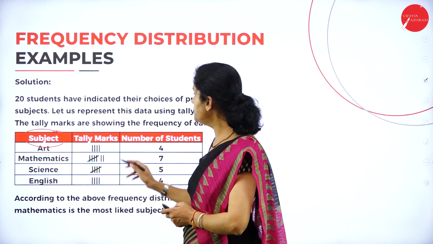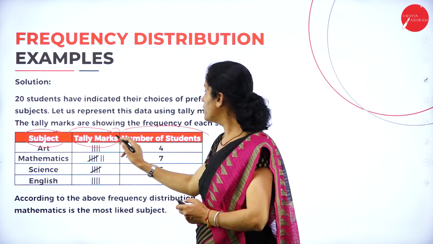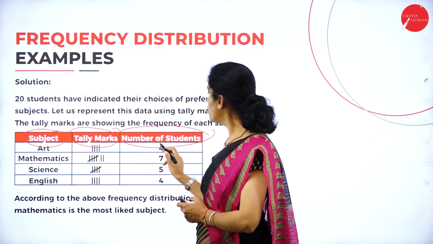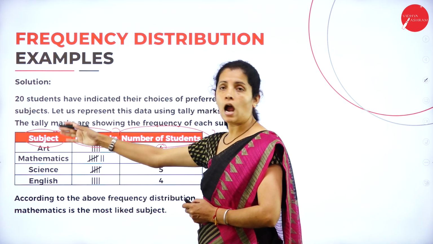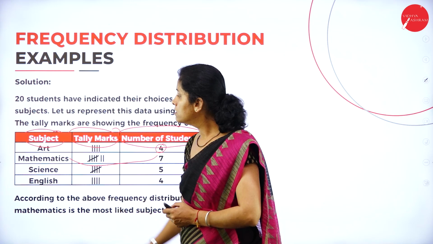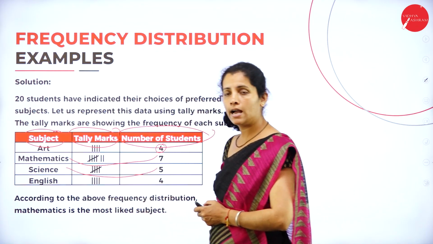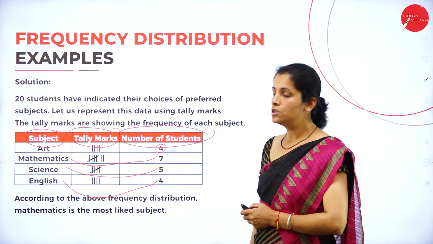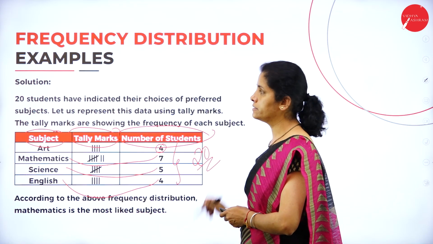In the next columns, tally marks as well as number of students. 4 members' favorite subject is arts, 7 members like mathematics, 5 members like science, and 4 members like English. So in total it is 20 members.